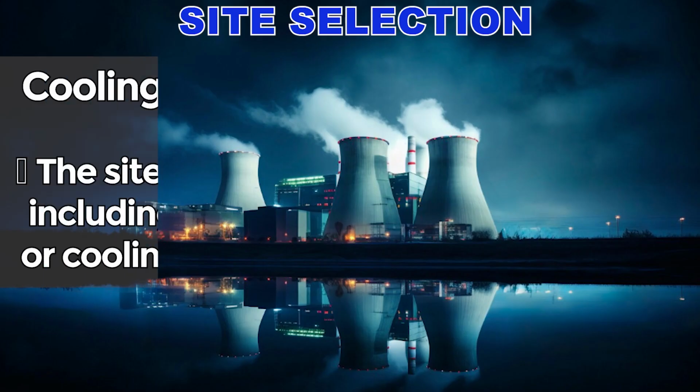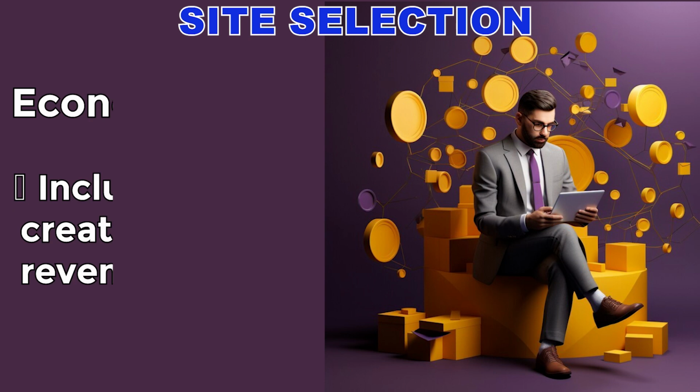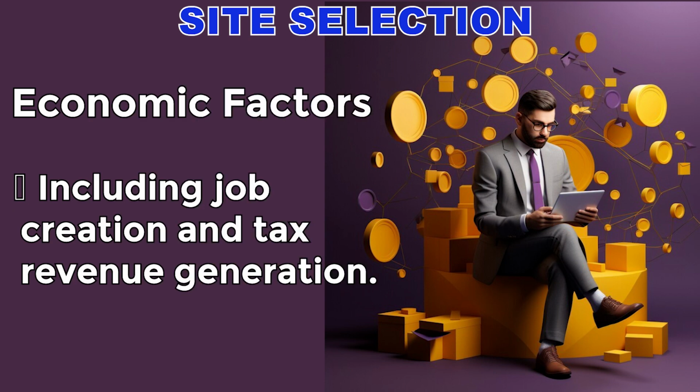Next factor is cooling considerations. In addition to proximity to water sources, the site must consider cooling methods, including whether once-through cooling or cooling towers are more appropriate. Next factor is economic factors. Assess the economic impact of the nuclear power plant on the local and regional economy, including job creation and tax revenue generation.